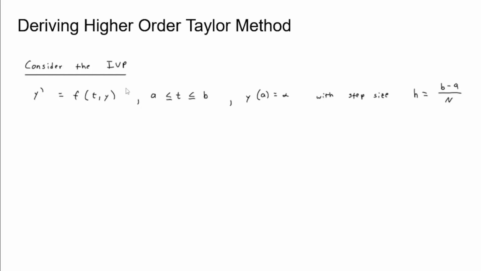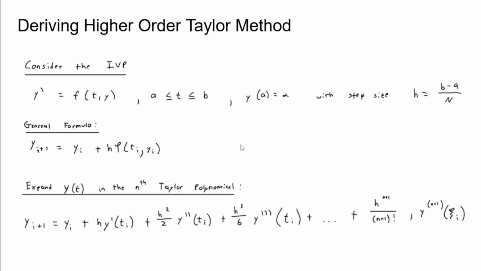So let's derive the higher order Taylor method. Let's consider the general form of an IVP: y prime equals f of t, y, where t is between a and b, and y of a is equal to some alpha, with a step size of h.